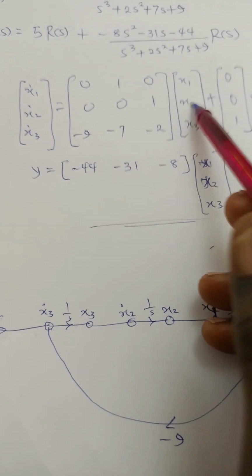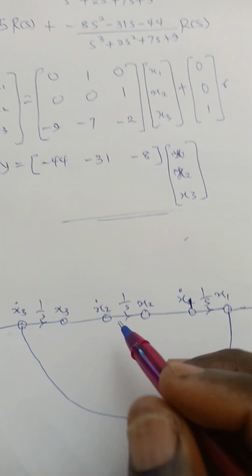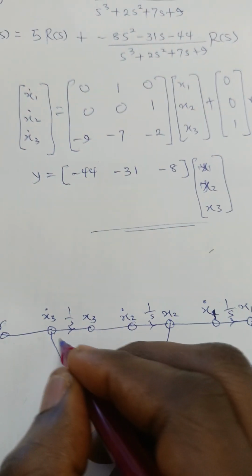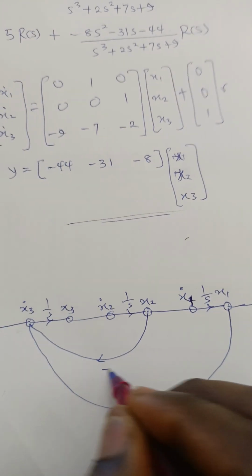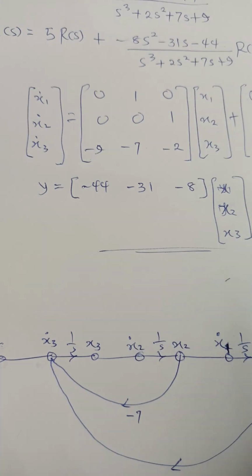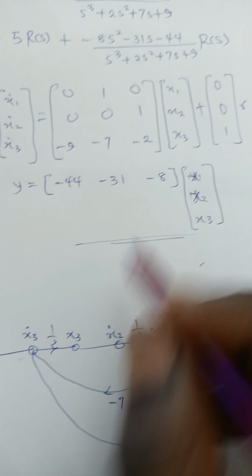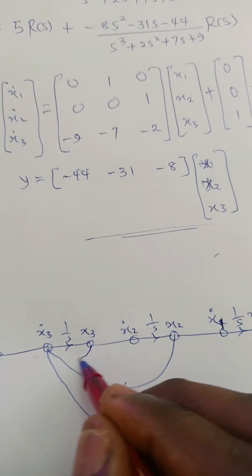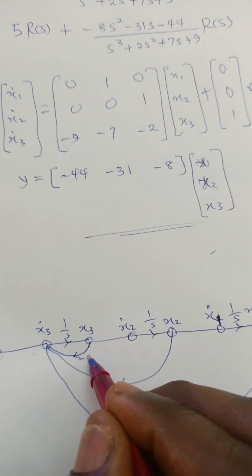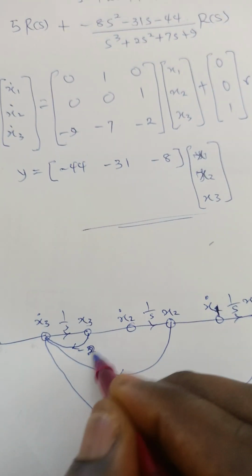Then this minus 7 multiplies s2, right? So x2, that's minus 7. Then this minus 2, that's x3. So that's for this one.